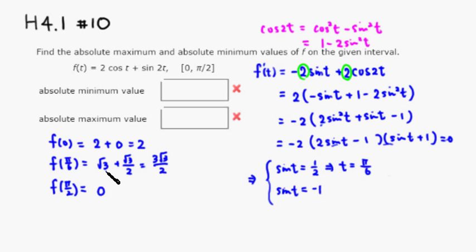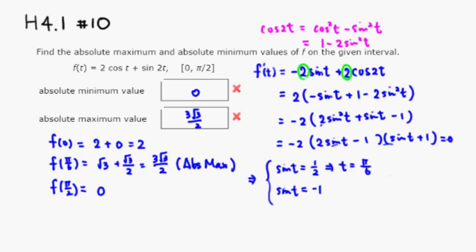So which is larger? I think 3 square root of 3 over 2 is going to be larger, so this is the absolute maximum. No, actually, sorry, I put it the other way around. The max is 3 square root of 3 over 2 and the minimum is 0.